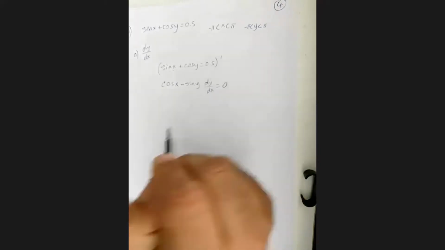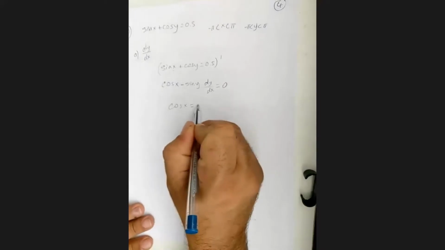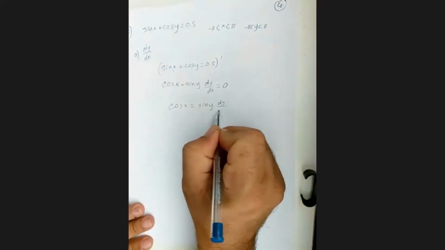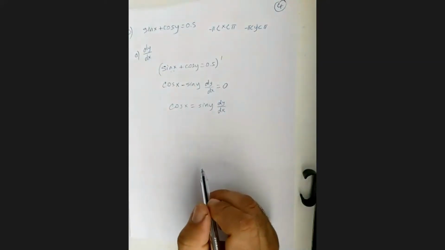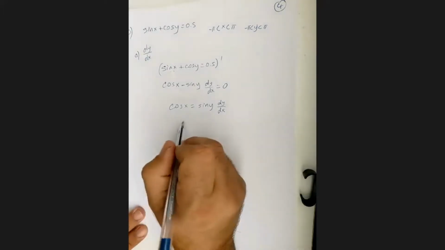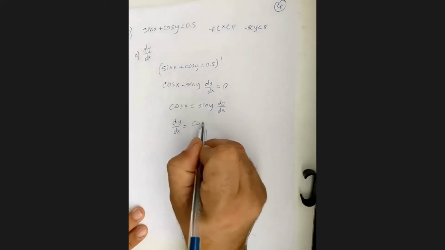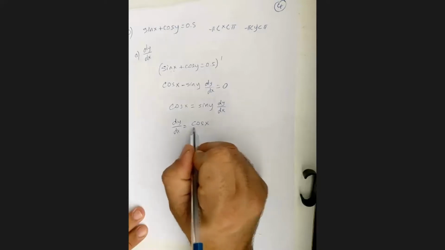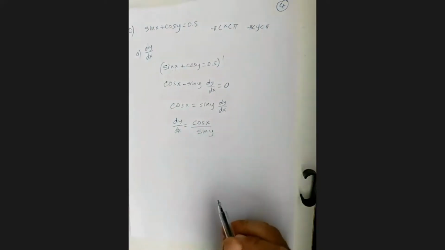It is 0. So cos x is equal to sine y dy over dx. So dy over dx is equal to cos x over sine y.